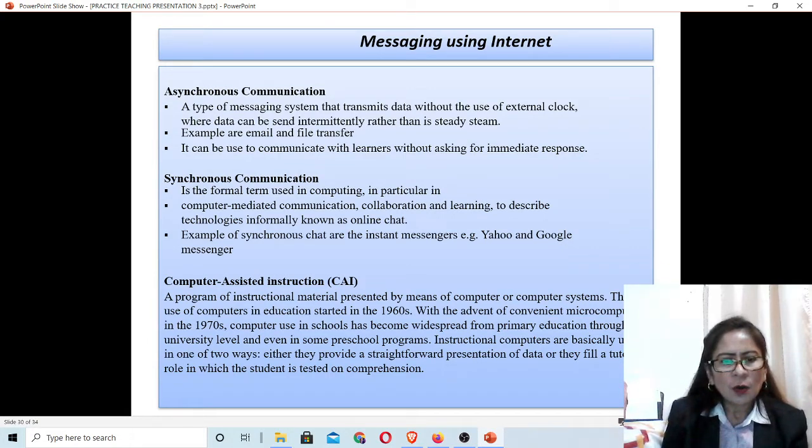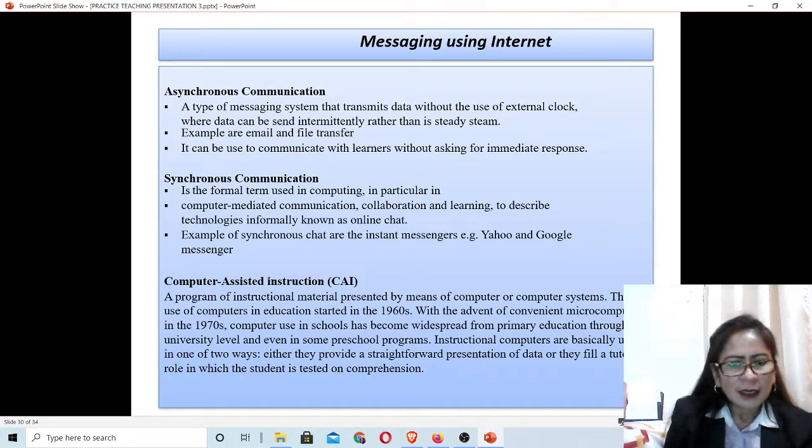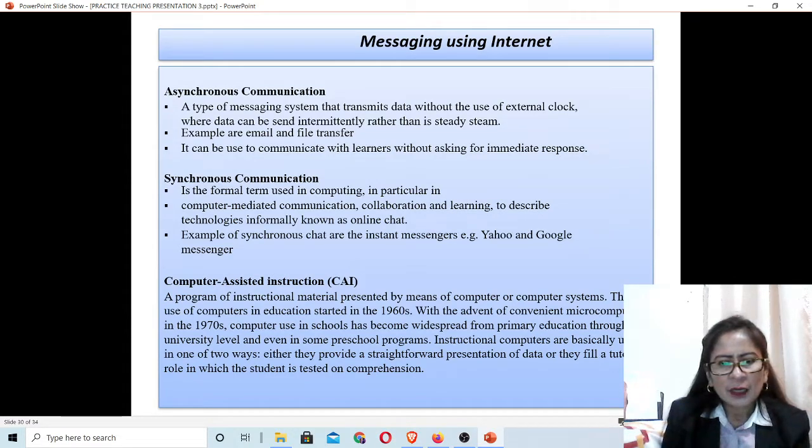Computer use in schools has become widespread from primary education through the university level and even in some preschool programs. Instructional computers are basically used in one of two ways. Either they provide straightforward presentation of data or they fill a tutorial role in which the student is tested on comprehension.